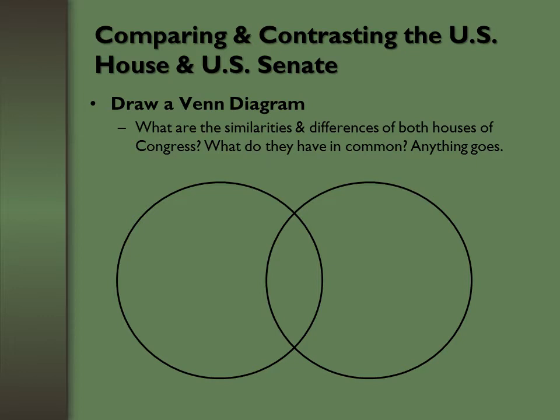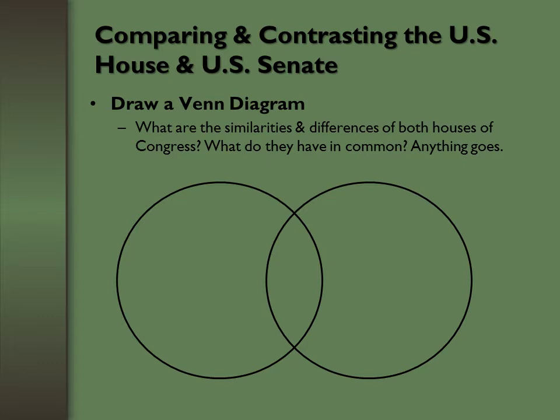And anything goes here. I want you just to juxtapose both chambers in Congress. Identify for me the similarities, the differences. What do they have in common? Again, write that down where the two circles intersect. Anything goes.